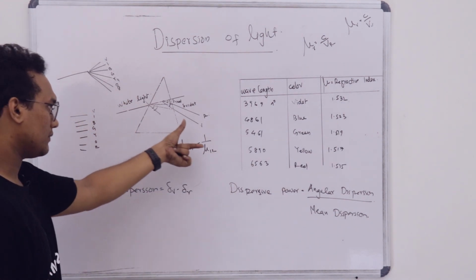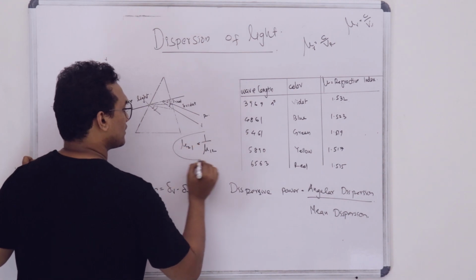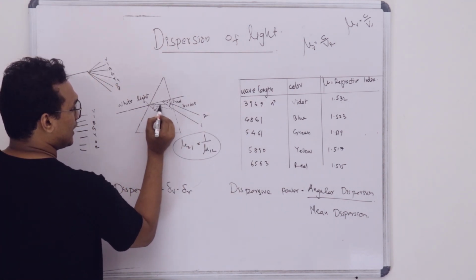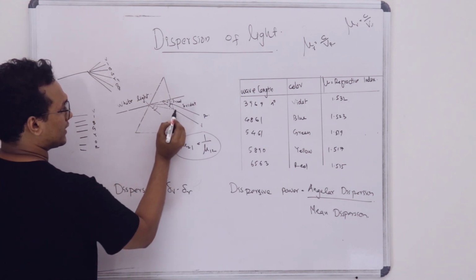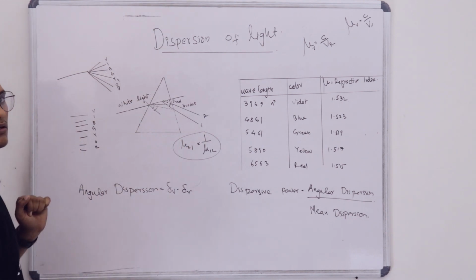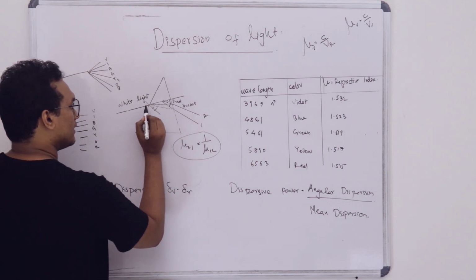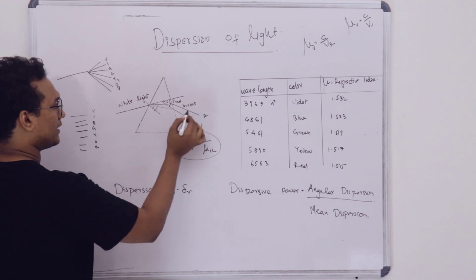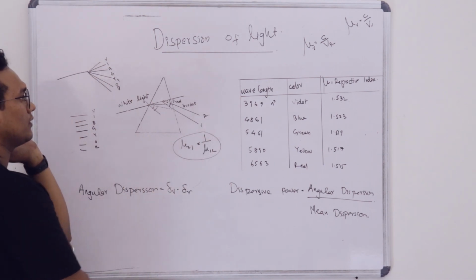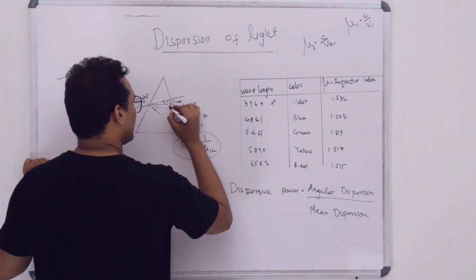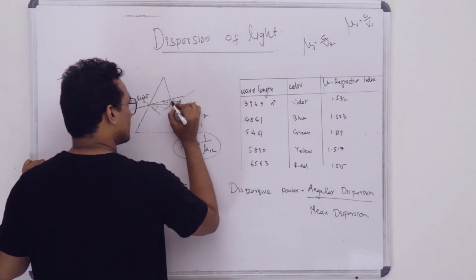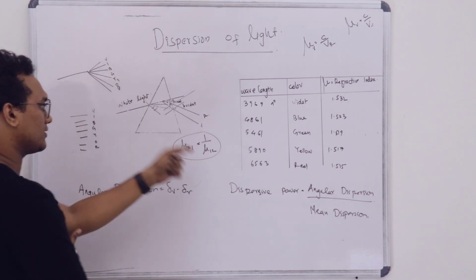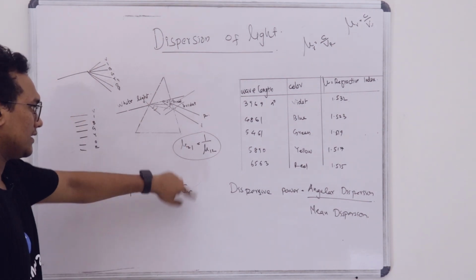Considering this fact, the violet color will have a different angle of refraction here, and this would also be different. In the same case, red would be less bent here and also from here, but here it would be more bent. Here this is the normal, right? This one would be normal.